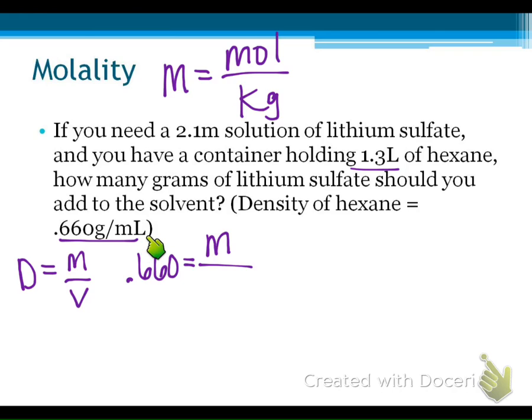So we've got to be careful when we switch back and forth with these equations because some of them we want grams, some we want kilograms. You've got to pay attention here. On density, it's in grams per milliliter. So both of these units need to be grams and milliliters. Okay, so if we have 1.3 liters, that means we have 1,300 milliliters. And to solve for m, again, we're just going to multiply these two numbers together. 0.66 times 1,300.